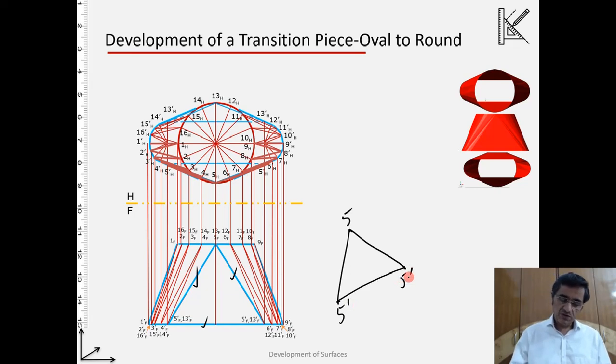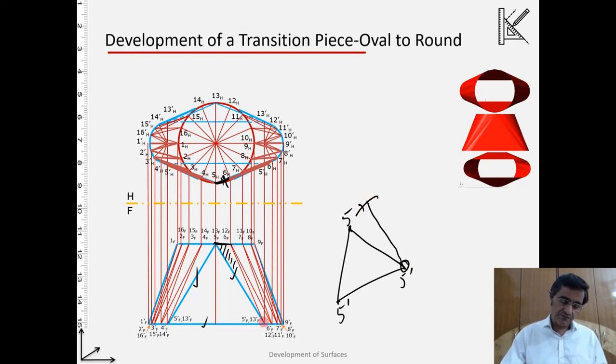Then next, from 5, if I am plotting this triangle now, I will take an arc equal to 5 6. I will tell you what is this 5 6. This 5 6 is actually here, this arc. So I will take an arc equal to 5 6 equal to this. Alright, and from 5 dash I will take another arc, okay, which is equal to from 5 dash to 6.